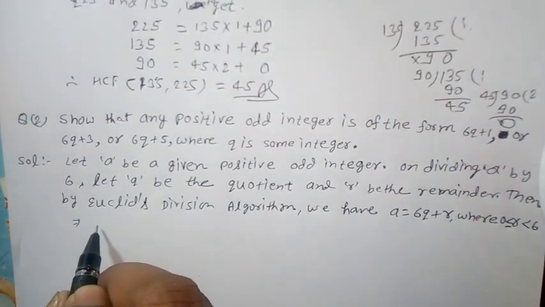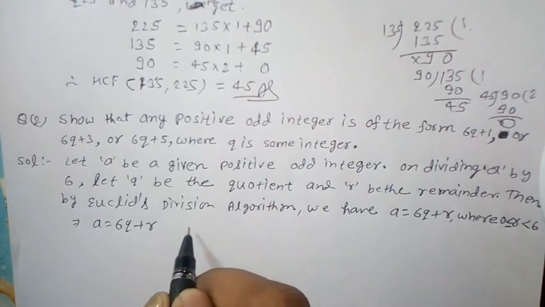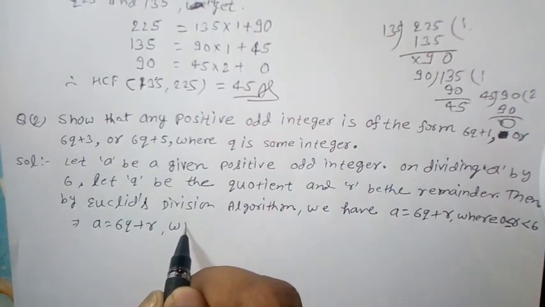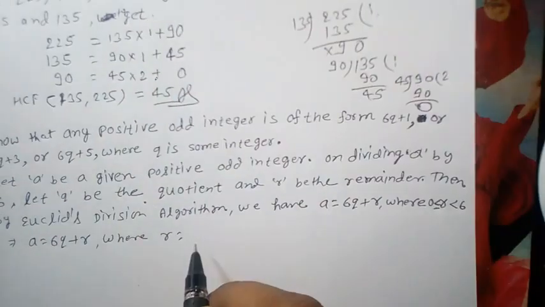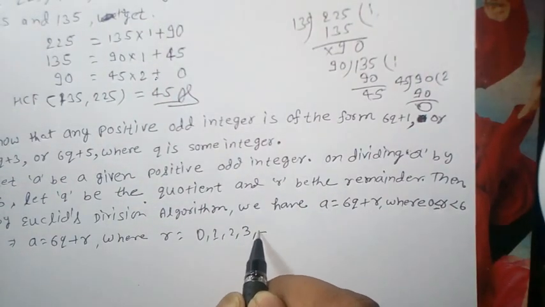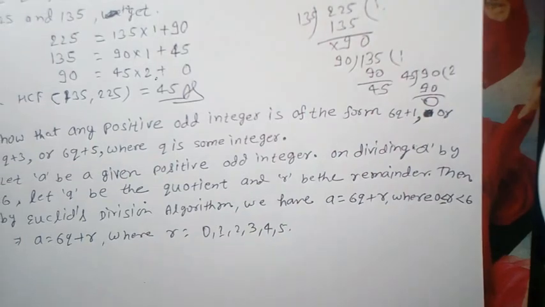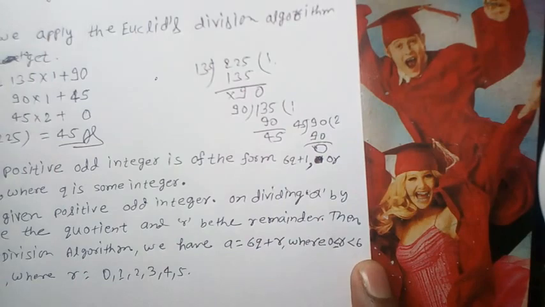This implies a is equal to 6q plus r, where r is equal to 0, 1, 2, 3, 4, 5, because the value of r is 0 to 5.